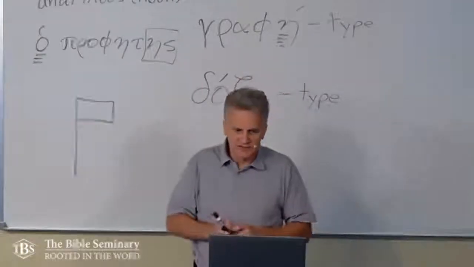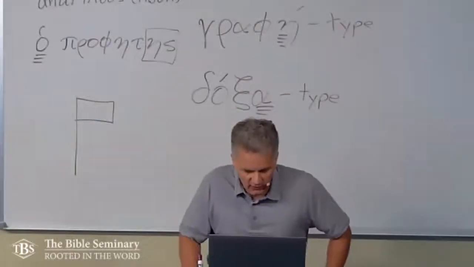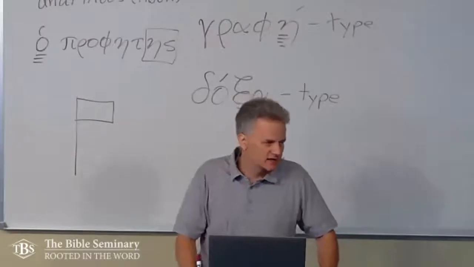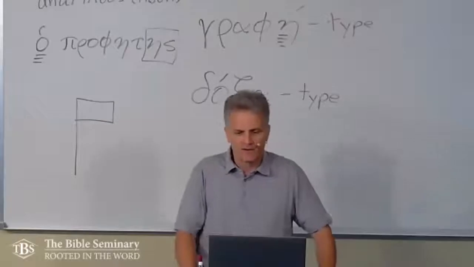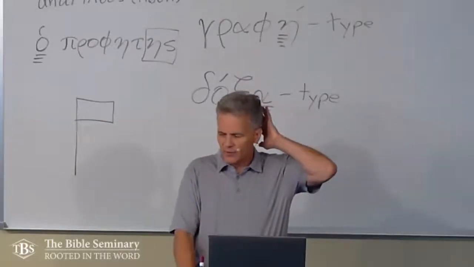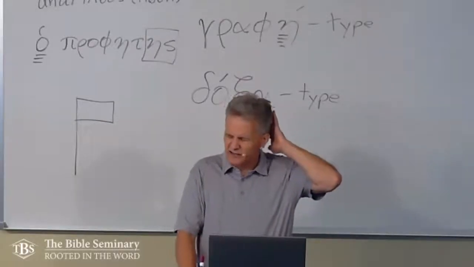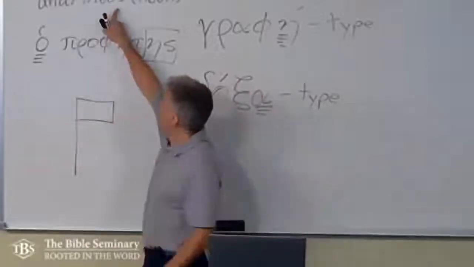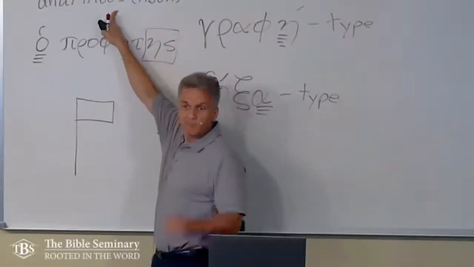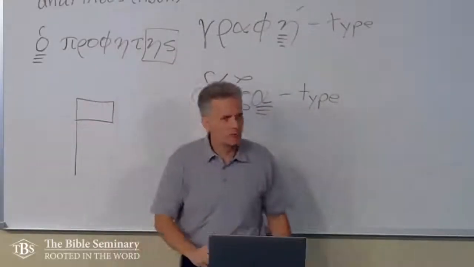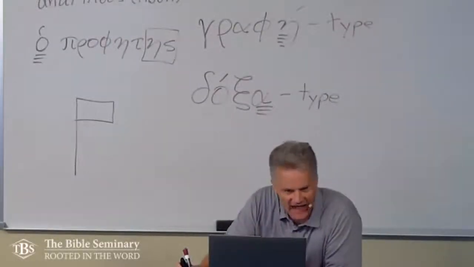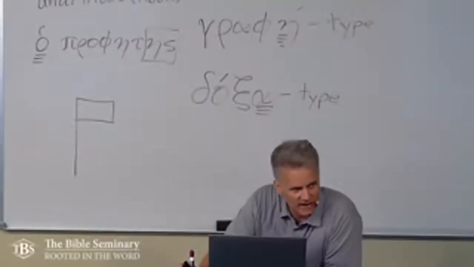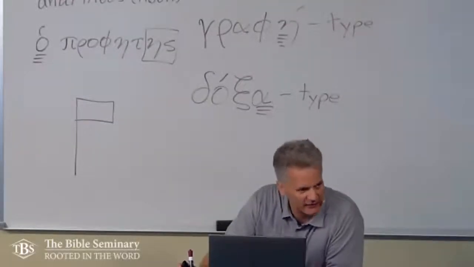Greek possesses only the definite article. In other words, there is no indefinite article in Greek. You need to know that. If the Greek writer wants to express indefiniteness, he will use an anarthrous construction. But, really important, just because a word is anarthrous does not mean it has to be an indefinite noun.